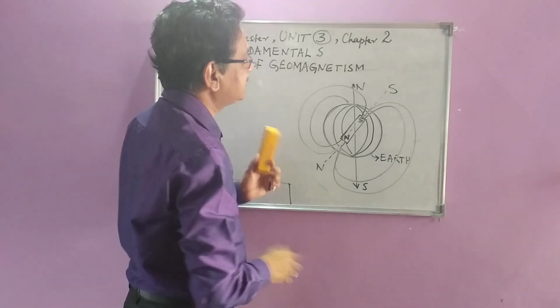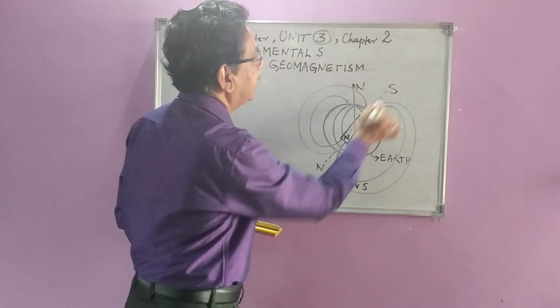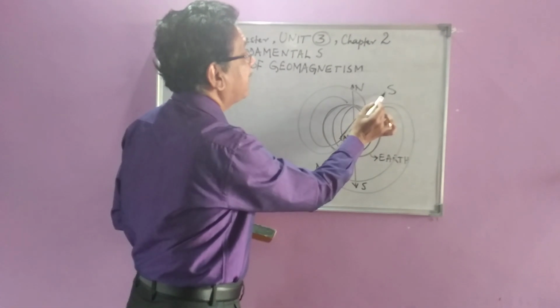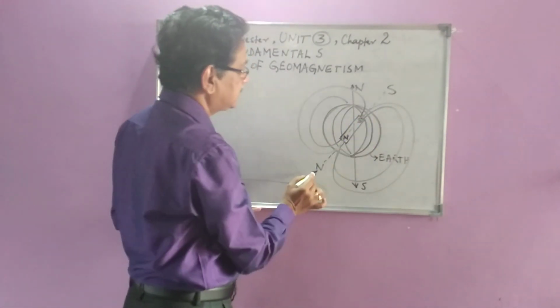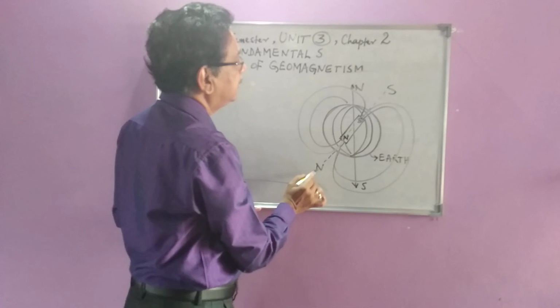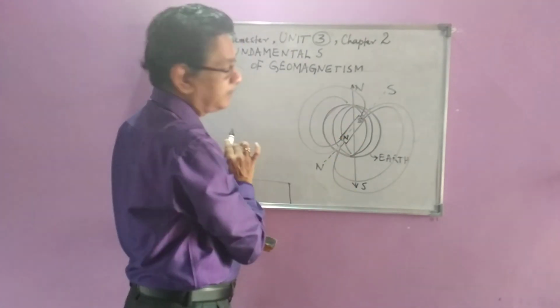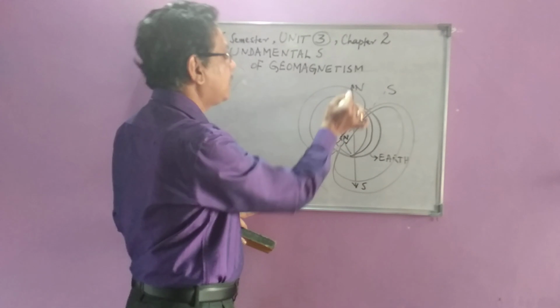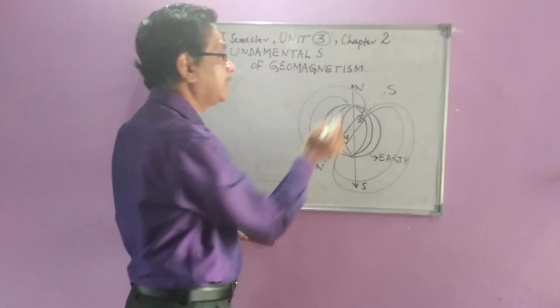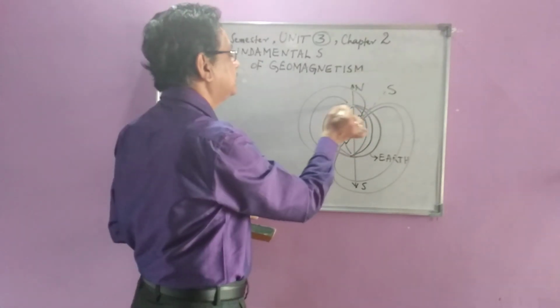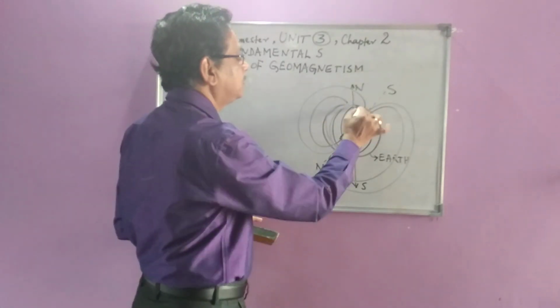Now, we have imagined there is a magnet here and there is an axis here. Here, this is magnetic south, this is magnetic north, this is geographic south, this is geographic north. From geographic north and south, you can draw the meridional lines surrounding the Earth. These are the meridional lines you can draw on the globe.